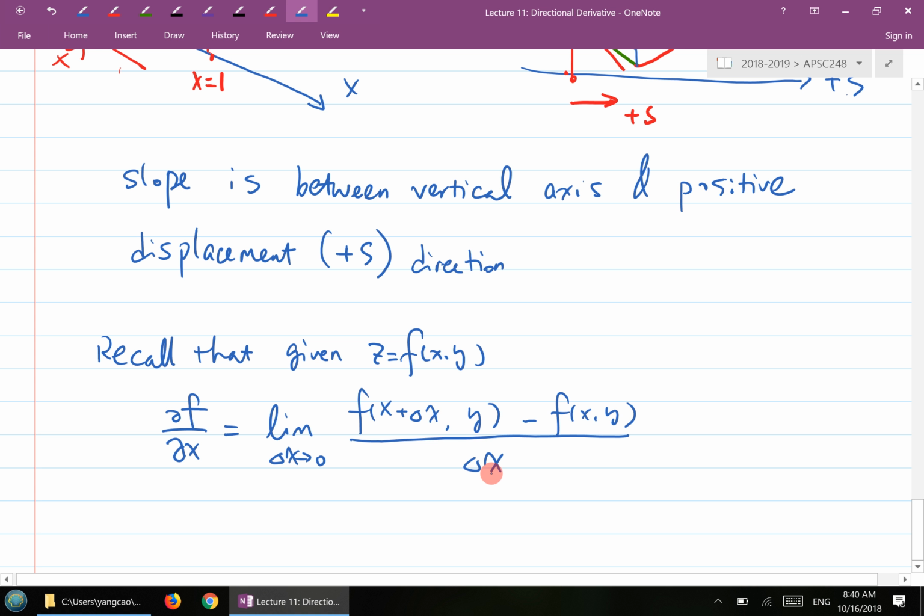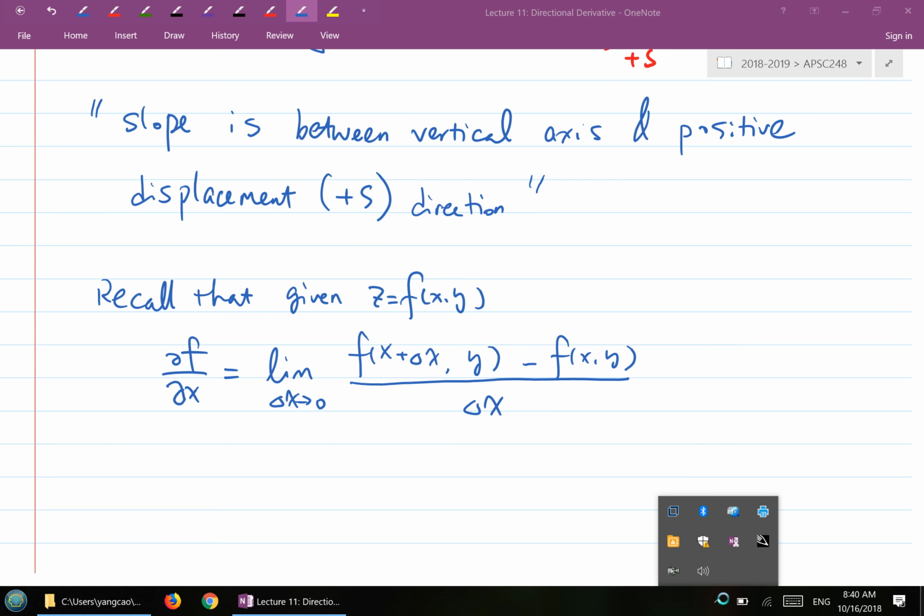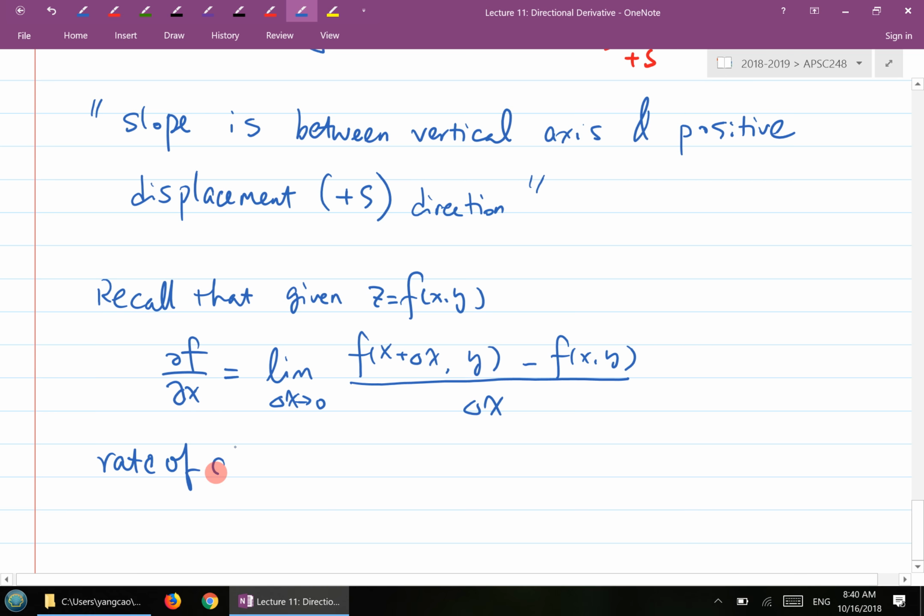Now, I want you again to relate back to the slope concept by just looking at this expression here. In the partial derivative, you're looking at the rate of change in this function f.